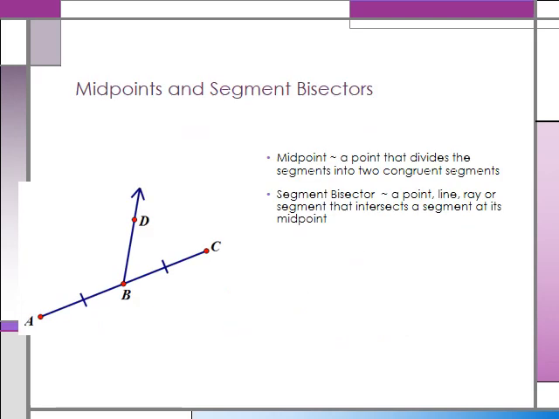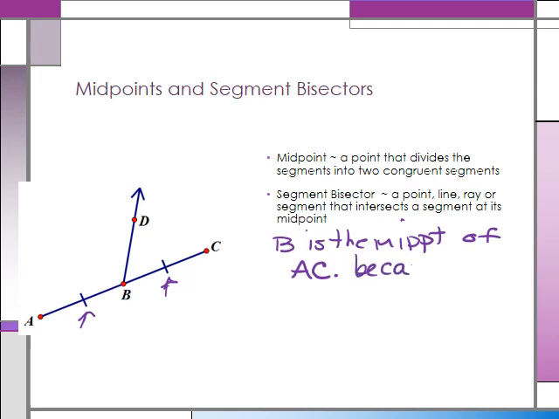A midpoint is a point that divides a segment into 2 congruent segments. In this case, B is the midpoint of AC, and it's the midpoint because we're given by this diagram that AB is congruent to BC.